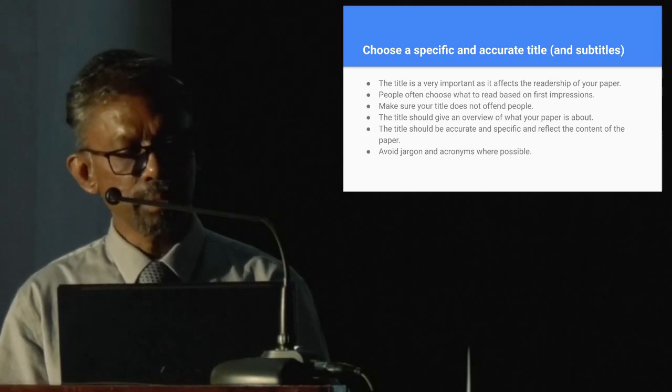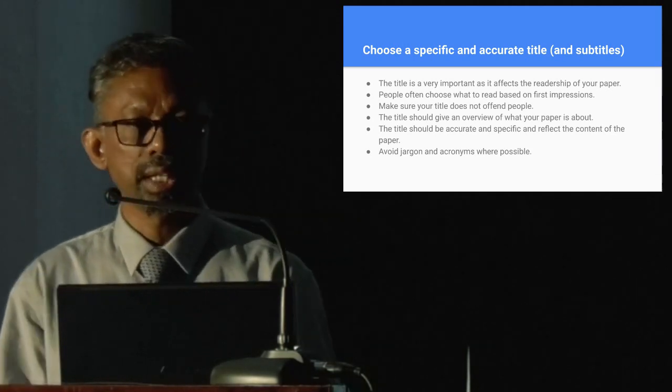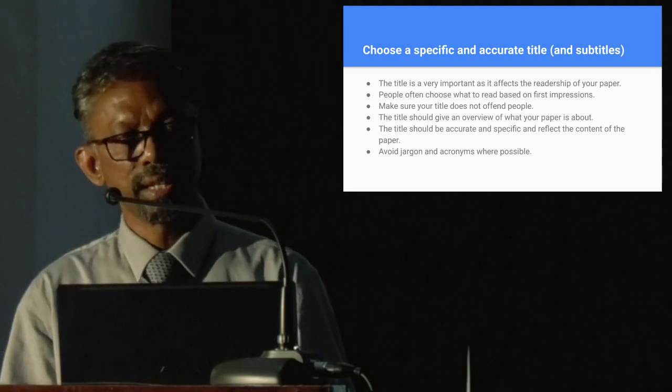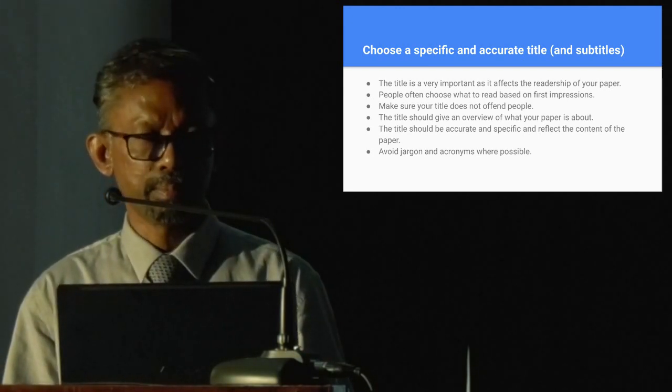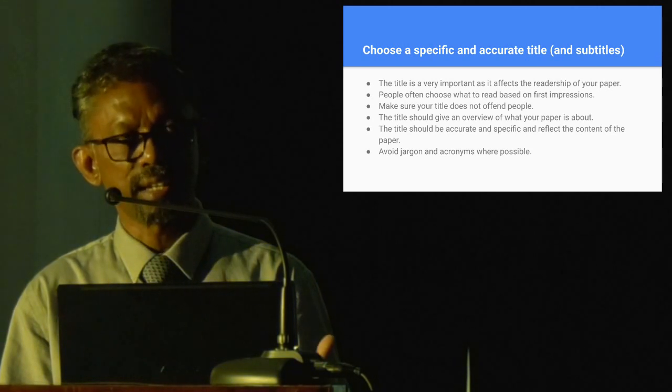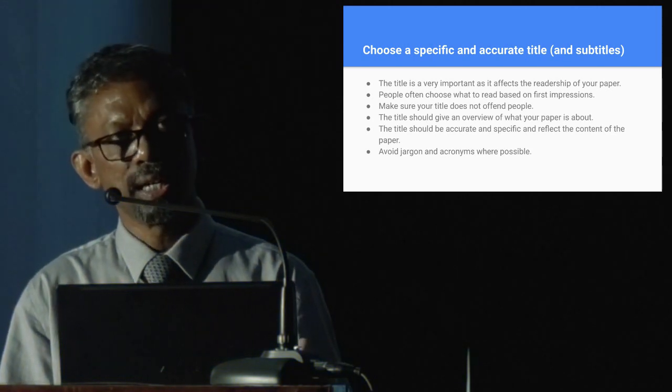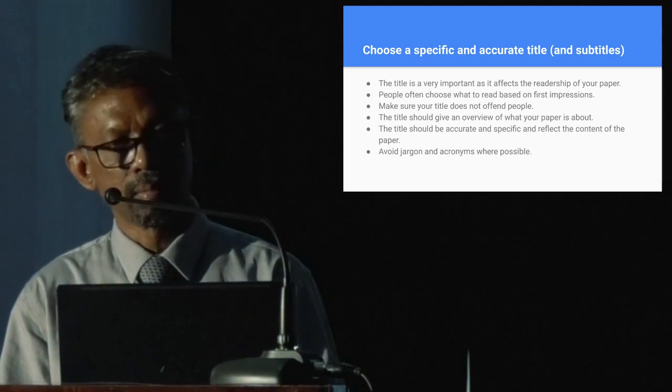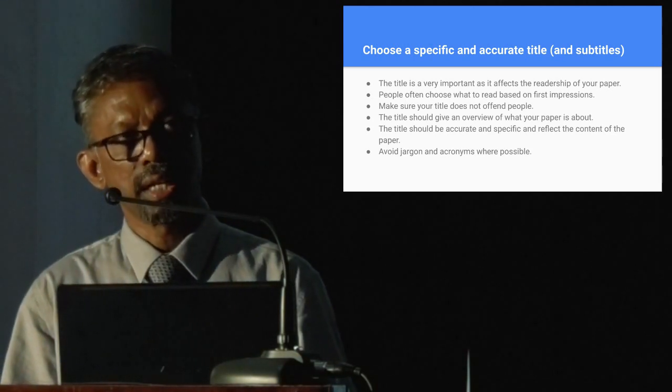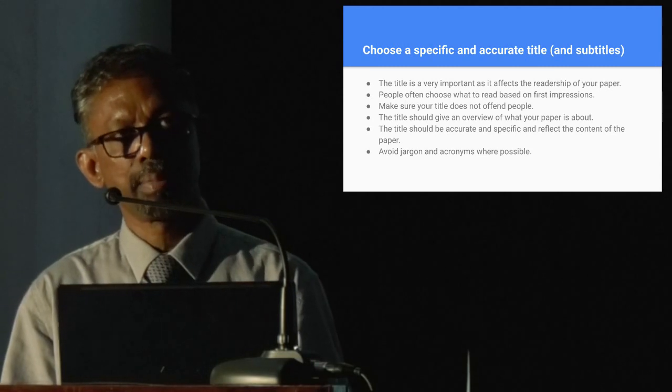And why is this very important? Because most of the time the readership of the paper is decided by the title. Mostly the search engines, the archival systems keep records of papers based on the title.